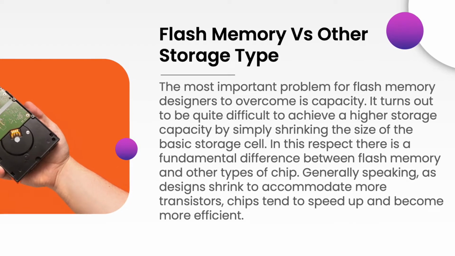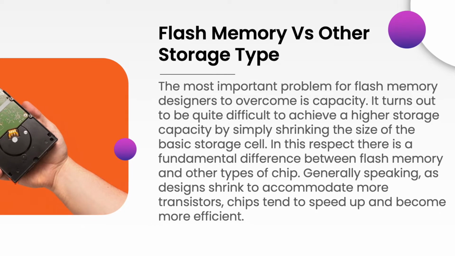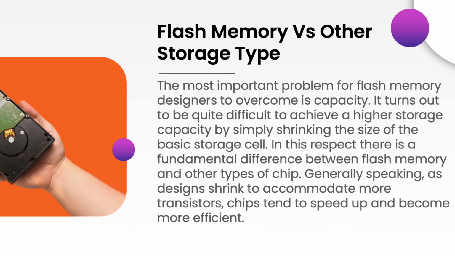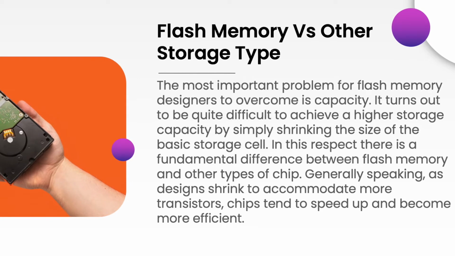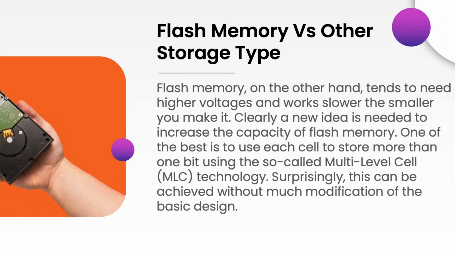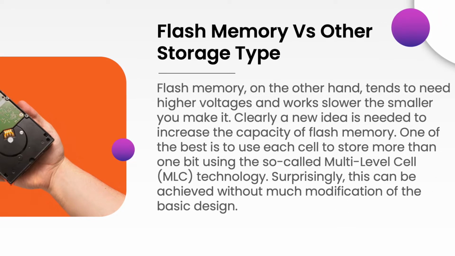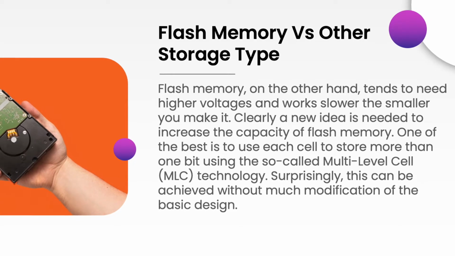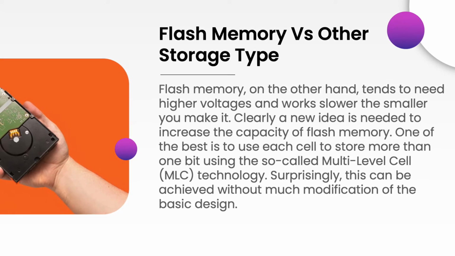Generally speaking, as designs shrink to accommodate more transistors, chips tend to speed up and become more efficient. Flash memory, on the other hand, tends to need higher voltage and works slower the smaller you make it.